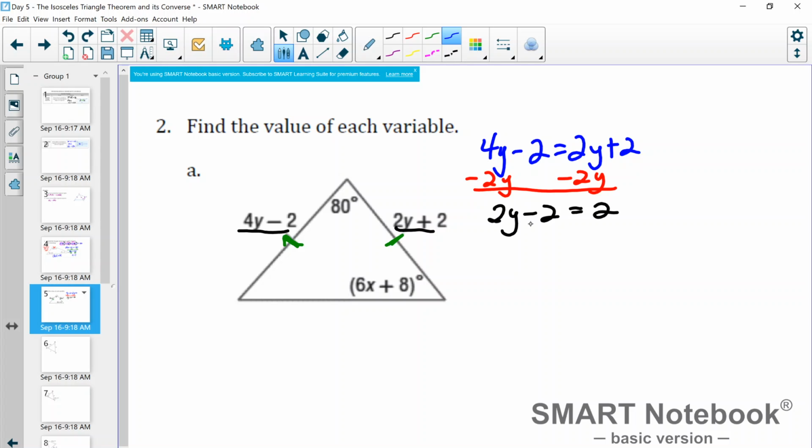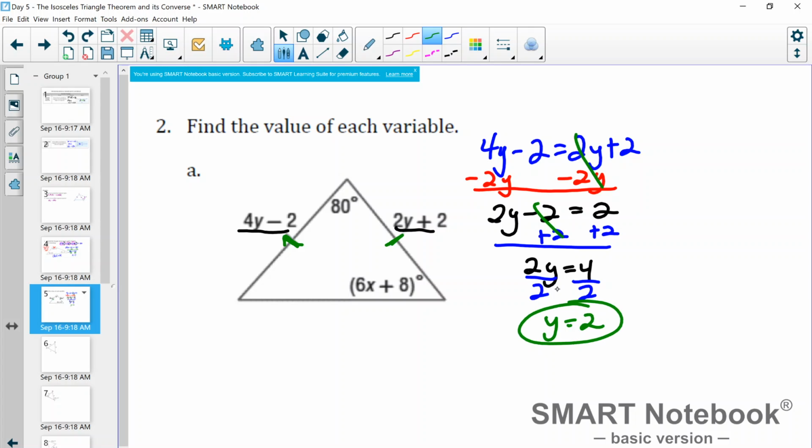Now that y is on this side, I need to move the 2 over, so I'll add 2, which will cancel those guys out. So we have 2y equals 4. Last but not least, we'll divide by 2, and we get y equals 2. So I found the first value, y.